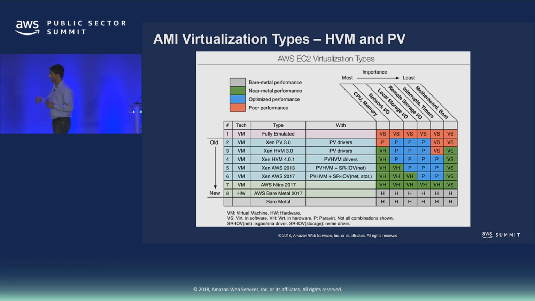And then over time, we launched HVM-based drivers. HVM is hardware virtual machine. With the advent of specialized microchips that we developed, instead of routing your request to the hypervisor domain, we started offloading some of those requests directly to the bare metal. Why is that important for you?